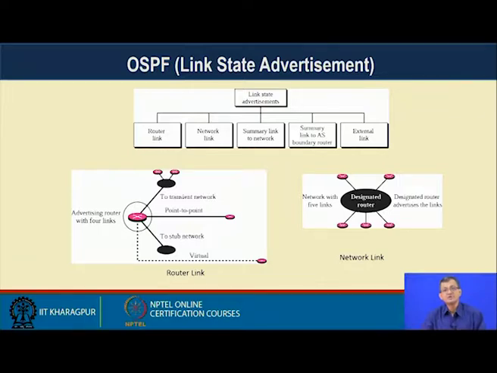And OSPF is based on link state advertisement, and there are several messages. So, link state advertisements include router link, network link, summary link to the network, summary link to AS boundary router and external link. So, these are the different categories of links in the LSAs.